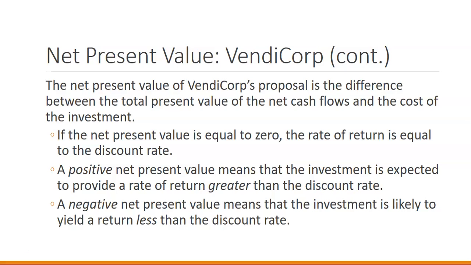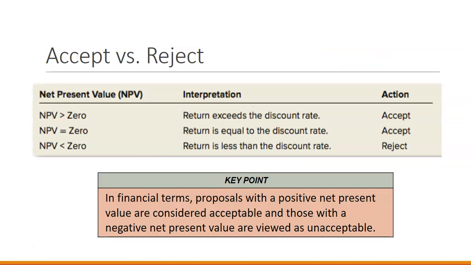If that amount had been negative, we would have received less than a 15% return, and if the value was 0, that rate of return on the investment would have been equal to the 15% required. This is just a breakdown of whether we accept or reject. If it equals 0 or is above 0, we can accept the project. If it's below 0, we would reject the project.